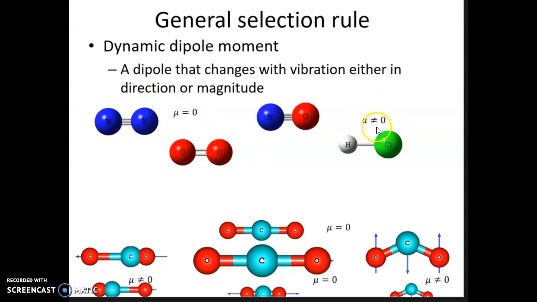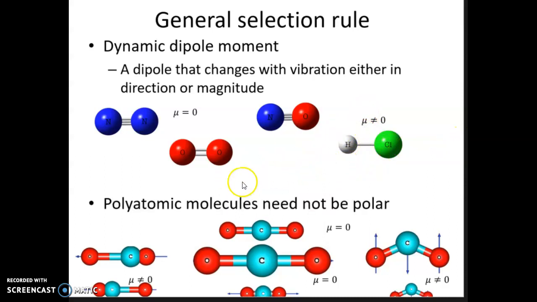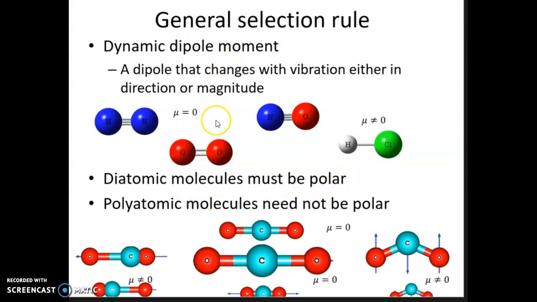For heteronuclear diatomic molecules, the dipole moment is not 0. So a bond stretching will change the magnitude of the dipole moment, since mu is proportional to the distance between the 2 charges. So a diatomic molecule must be polar to be observed in IR spectroscopy. However, a polyatomic molecule, like carbon dioxide, need not be polar.